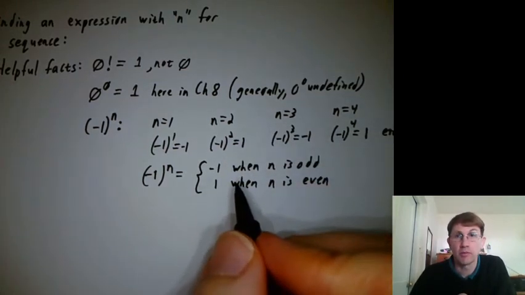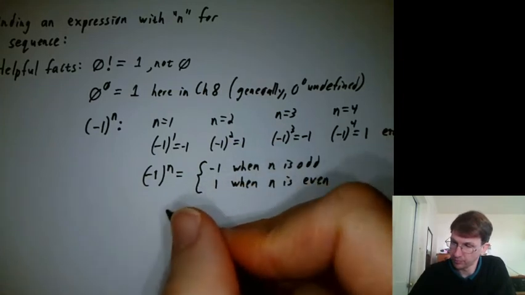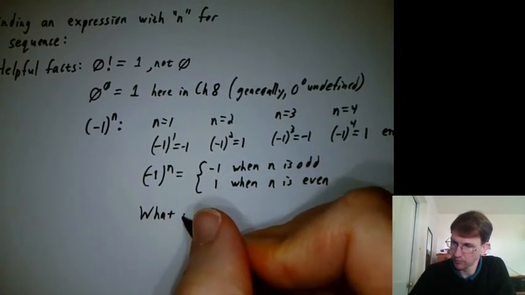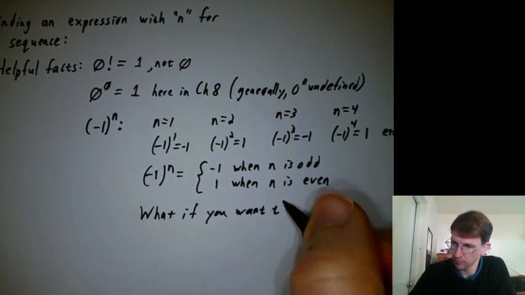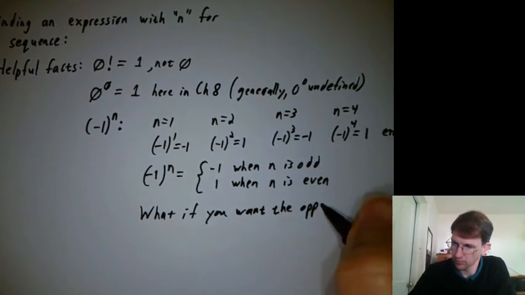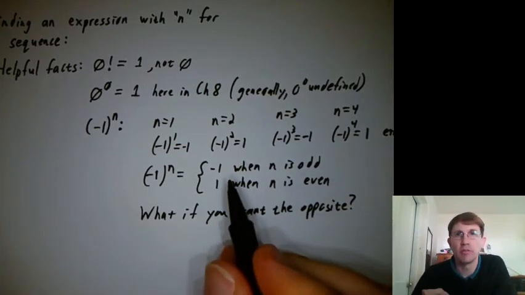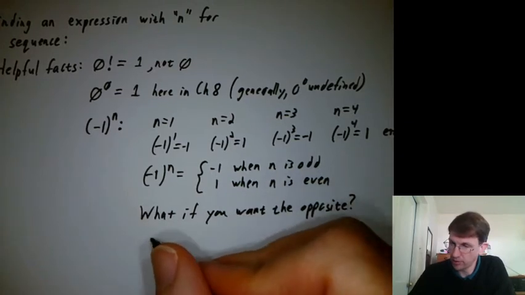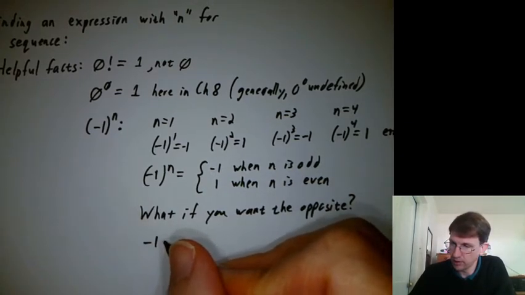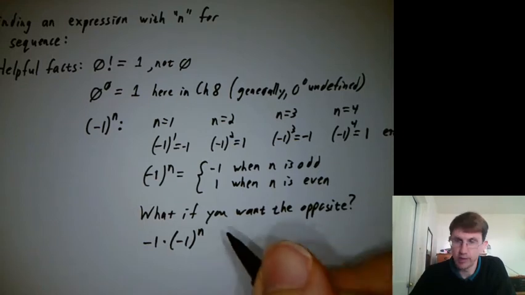What if you want something that works the other way? If you want something that's negative 1 when n is even and 1 when n is odd, well, you have a few options. You could say negative 1 times negative 1 to the n.